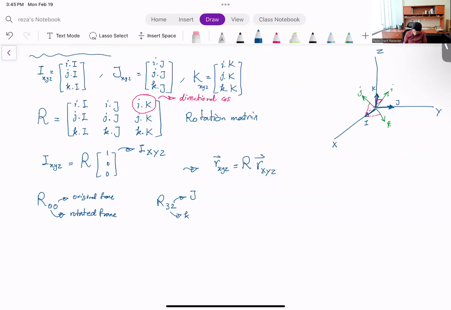So R transpose is the rotation the opposite way. Rotating this frame to the next one is the opposite of rotating the second one back to the first one.